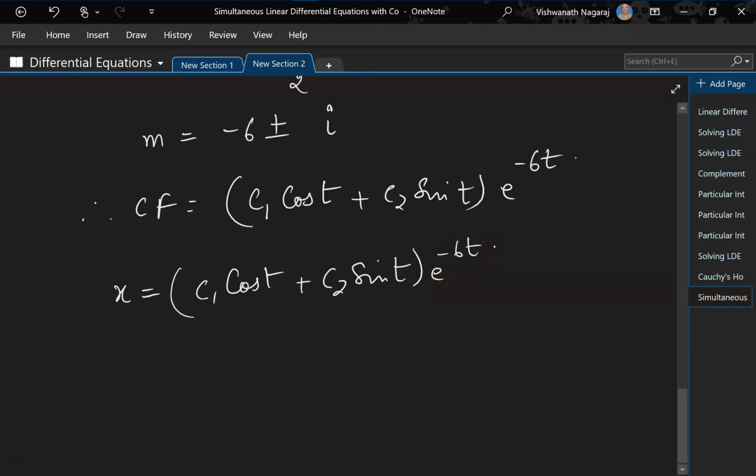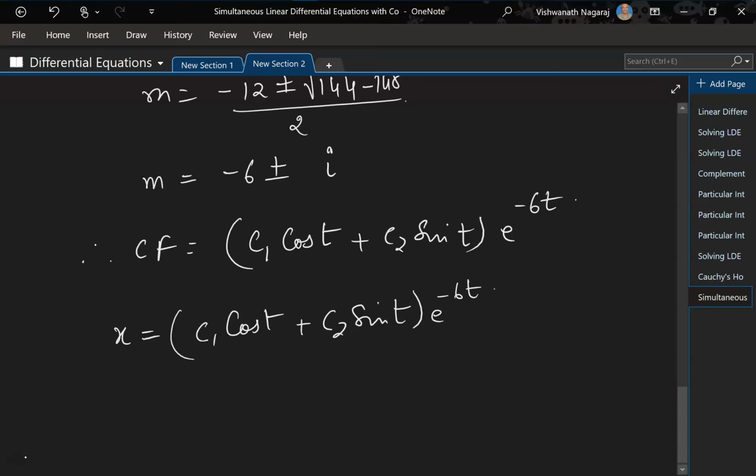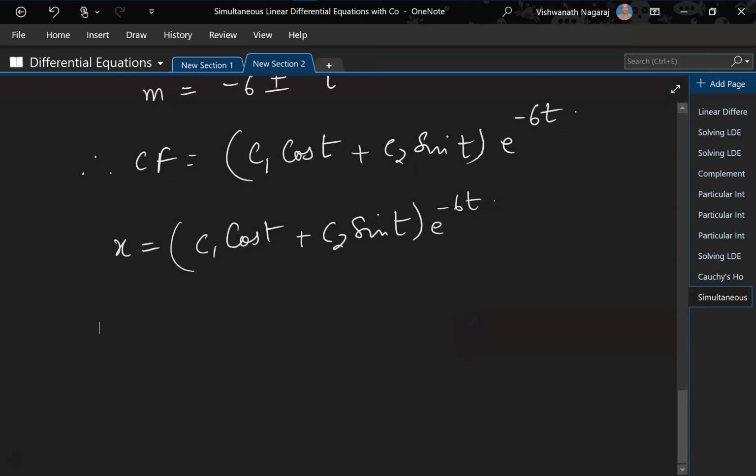So one part of the solution we have. Now, by the way, you might be wondering about the particular integral. Remember that becomes applicable only when the right hand side has something other than 0. Here the right hand side is 0. So x we have got.